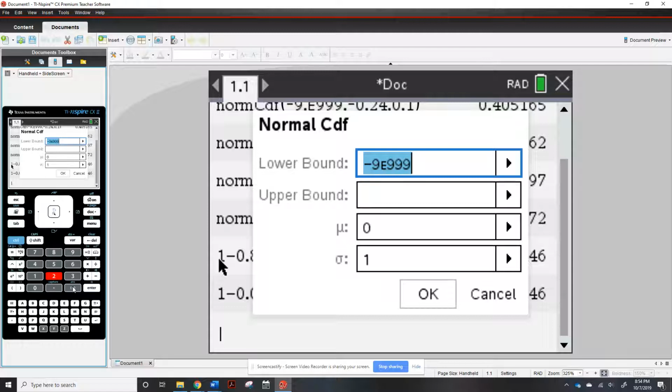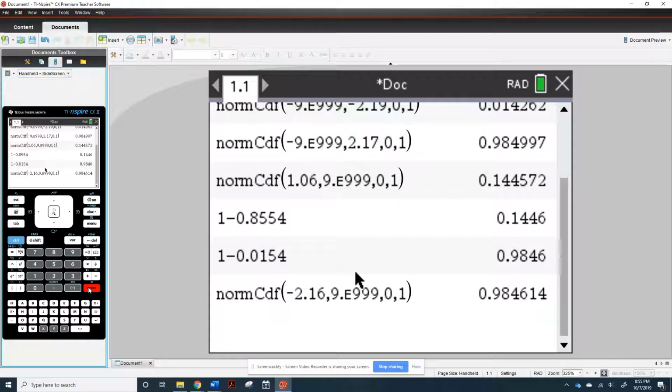Starting place is negative 2.16. Stopping place is positive infinity. So 9EE999. Mean, standard deviation. Press OK. And we got 0.9846.